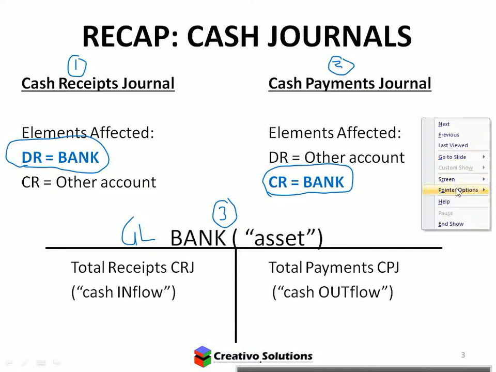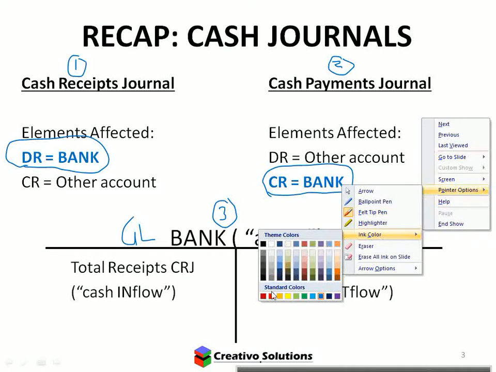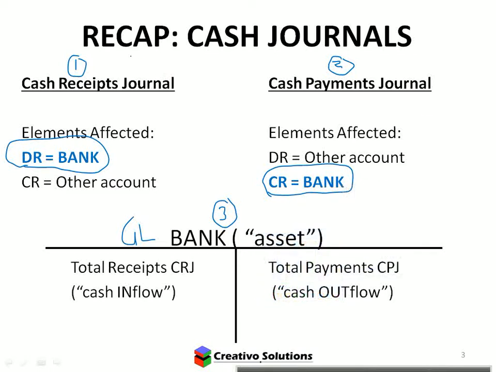So we can write a big heading here, internal records. These are internal records, meaning the business will have a receipts journal, a payments journal, and a T account for their general ledger called bank. That's what they'll have. That's internal.